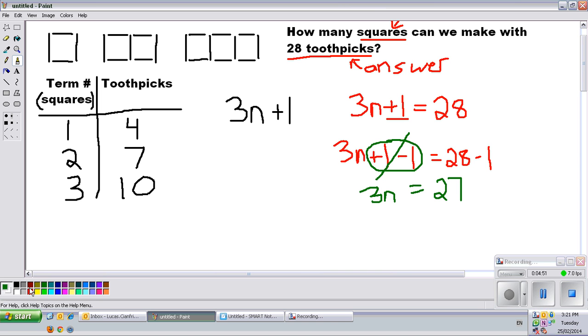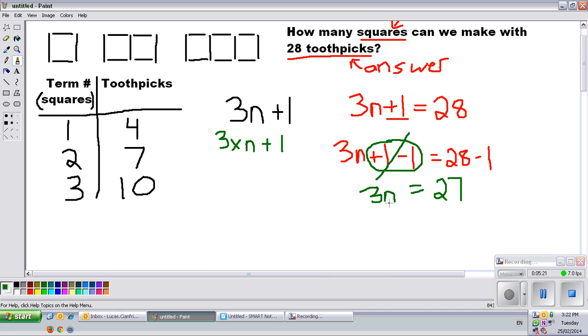Now you have to ask yourself, what is the 3 doing to the n? When there is no symbol in between it is multiplication. So 3n plus 1 is the same as writing 3 multiplied by n plus 1. So because the 3 is multiplying the n, in order to get rid of the 3, you will do the opposite.